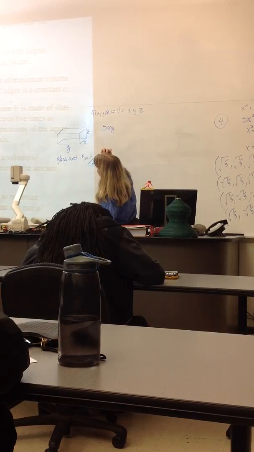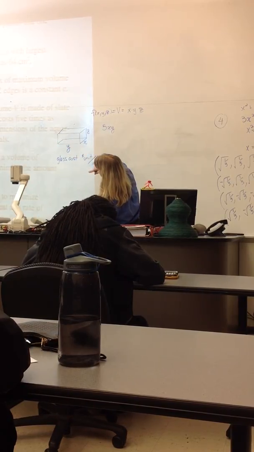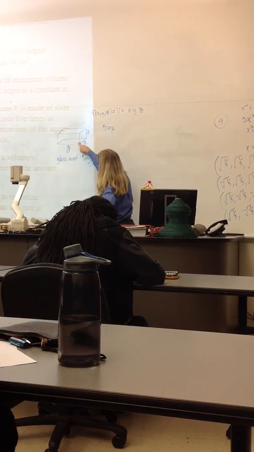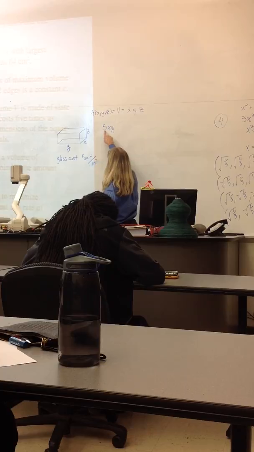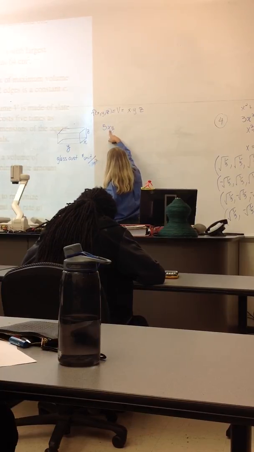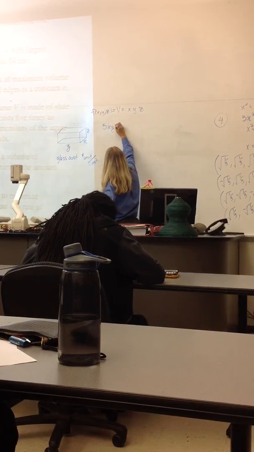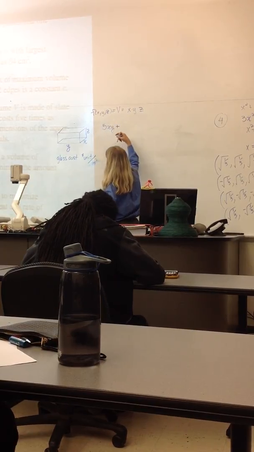So I know they don't give us any dollars, okay? They just tell us that the base of it costs 5 times as much. So 5 times its area is going to be its cost when you compare it to the cost of the glass.